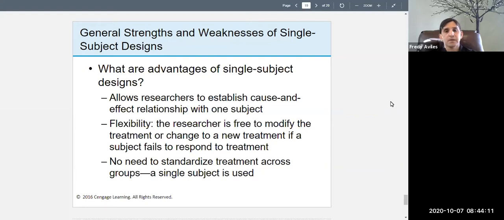It allows flexibility. The researcher is free to modify the treatment or change to a new treatment if a subject fails to respond to the treatment. If you try a drug and the subject doesn't respond, there's no change in behavior, no improvement, then you can stop using that one and try this other one instead. When you're dealing with one subject, you can be very flexible.